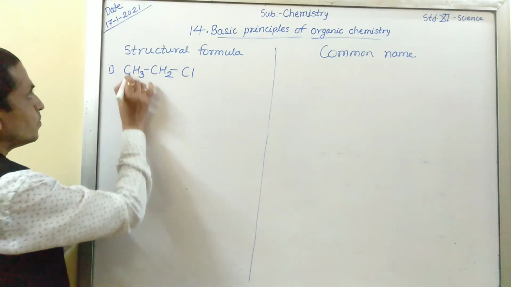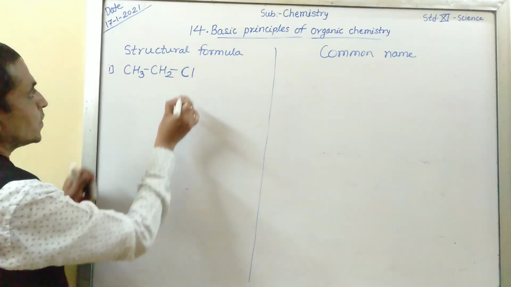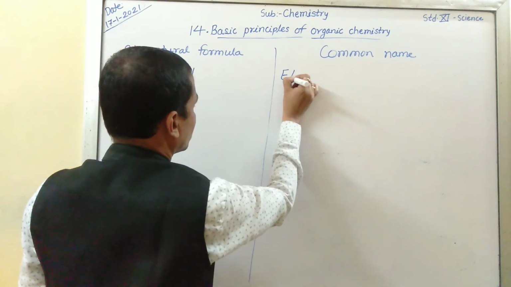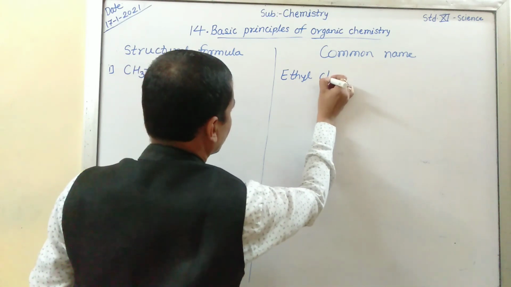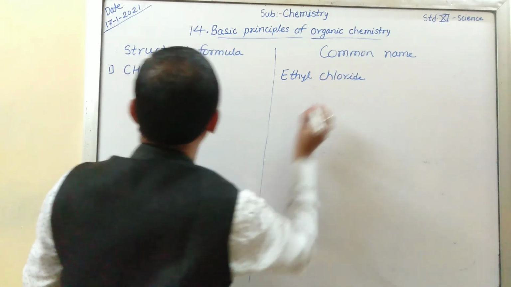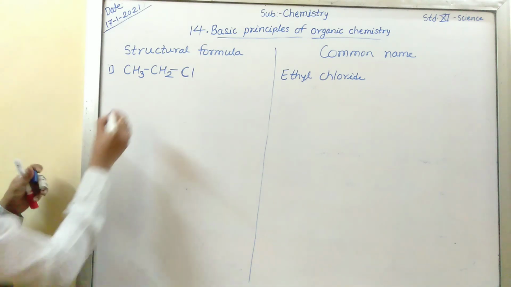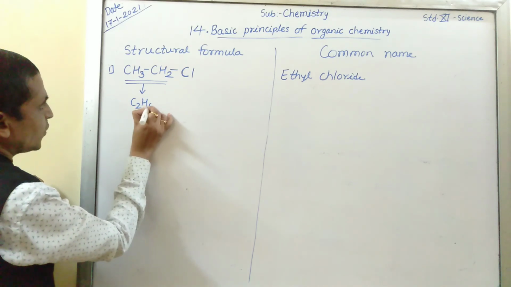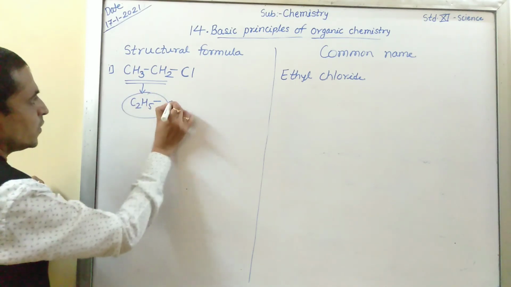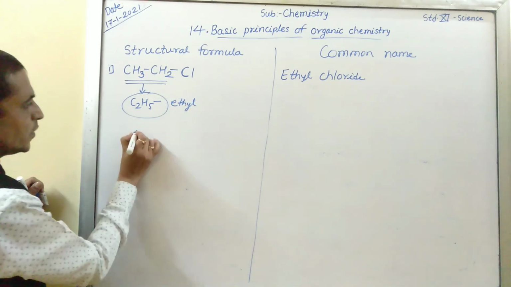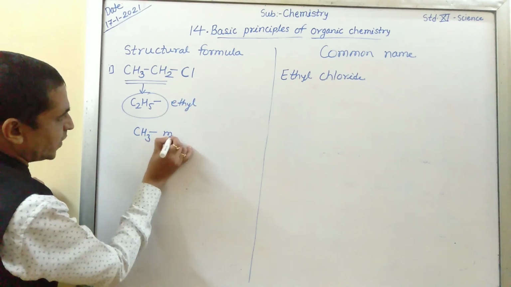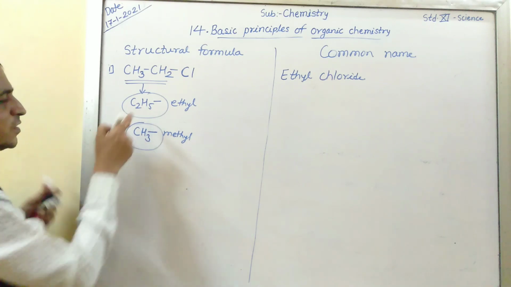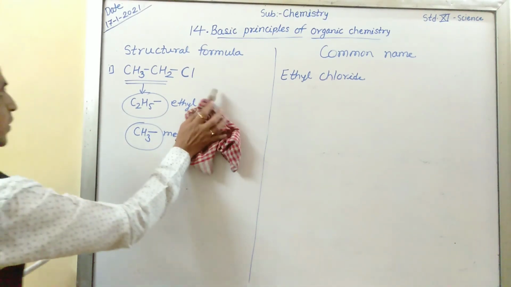Here Cl means what? Chlorine. So here name is what? Ethyl chloride. You know that CH3 CH2, that means C2H5, that is ethyl. CH3 dash, that is methyl. This dash is valency. This is methyl, this is ethyl. So here you get ethyl chloride.